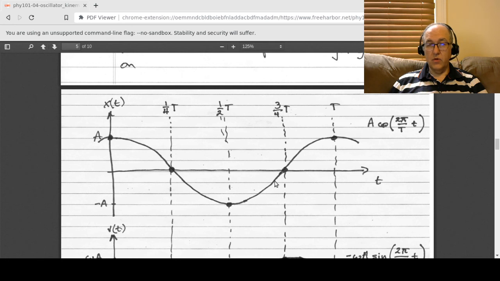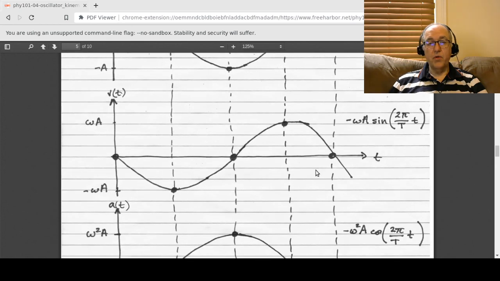Okay, so it starts at 0, goes to maximum positive velocity, and then goes back to 0 again. Okay, and over here, you can see that there it is. You're at 0 velocity, you go to maximum positive velocity at 3/4 of the period, and then you're back to 0 velocity again. Okay, and let's now see that in the diagram that I have up above.